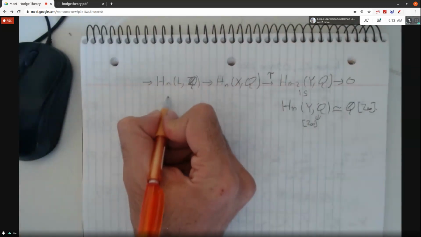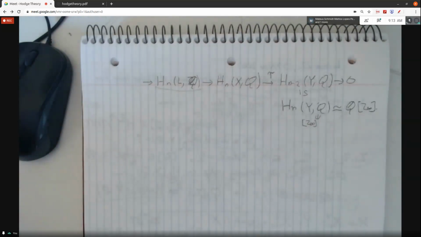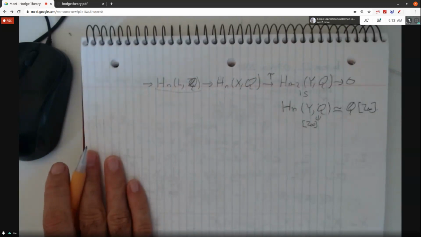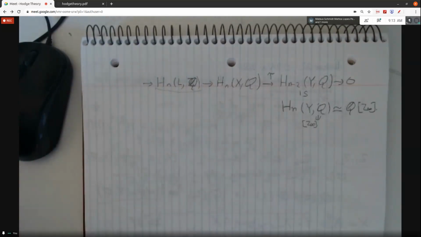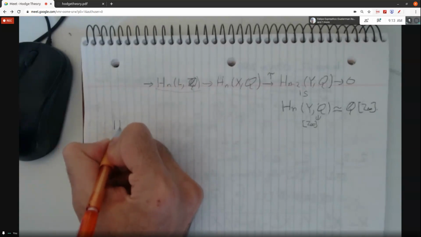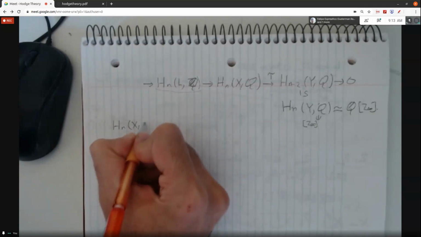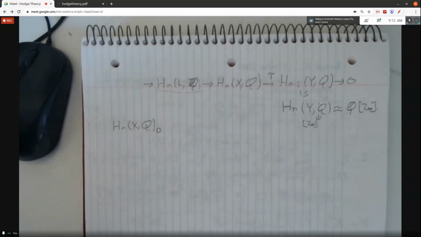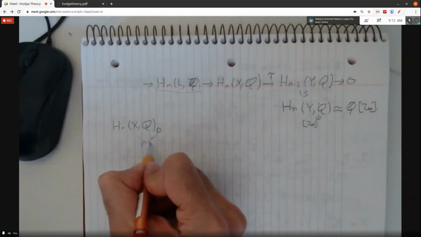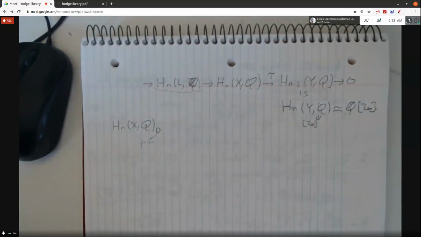So here remember that we had our delta betas. So the one observation that I want to make is that H_n(X, Q) primitive part, which is usually also called prim, but I will put 0.